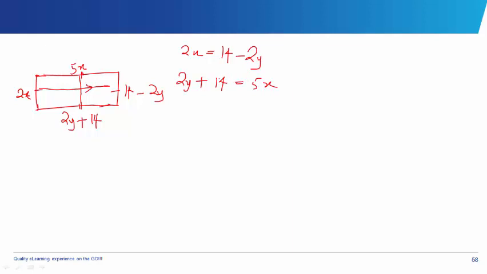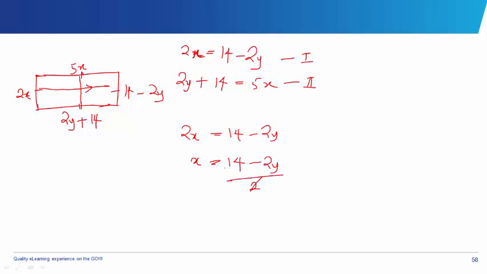Okay? So now let me make, this is x here, sorry. So these are equation 1 and these are equation 2. So from equation 1 I can divide. Equation 1 says 2x equals 14 minus 2y. I can say that x equals 14 minus 2y divided by 2.